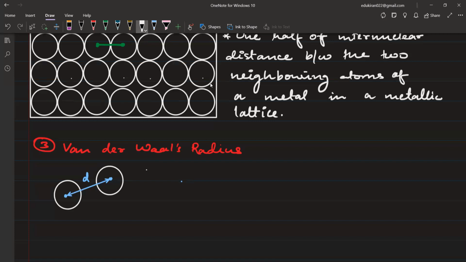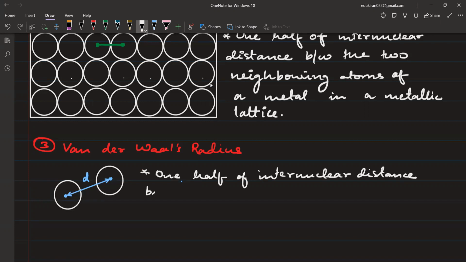Please write it with me: 1/2 of internuclear distance between nuclei of two adjacent atoms.